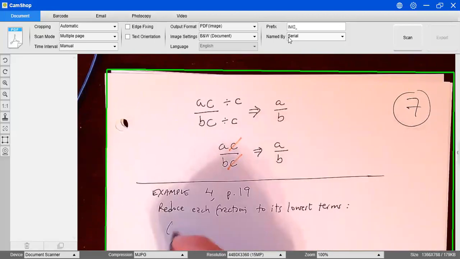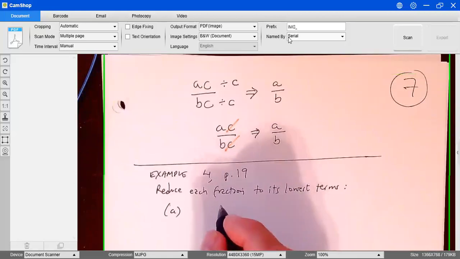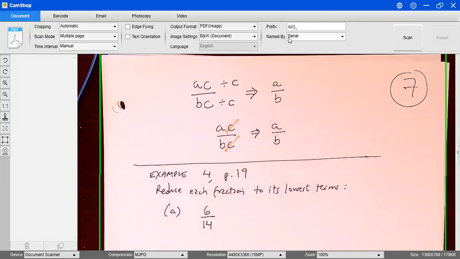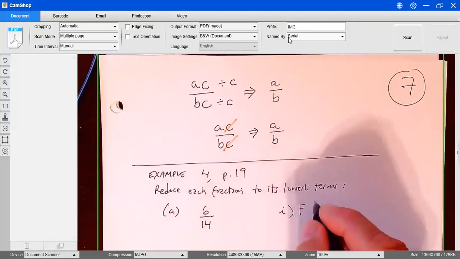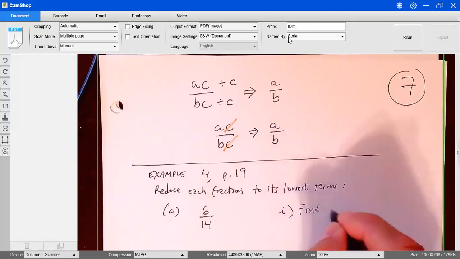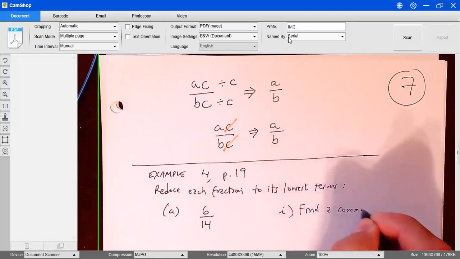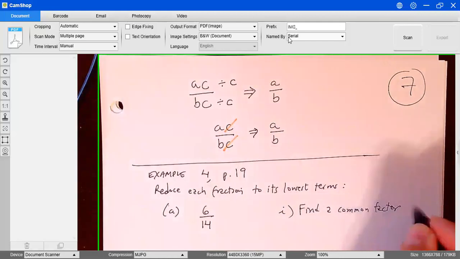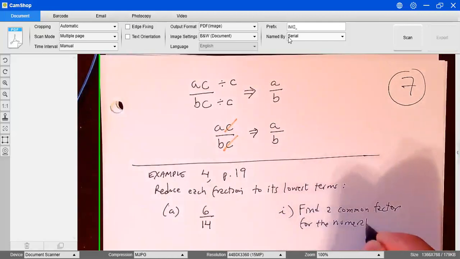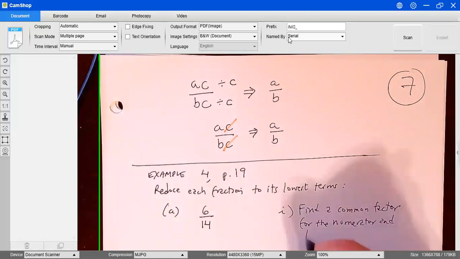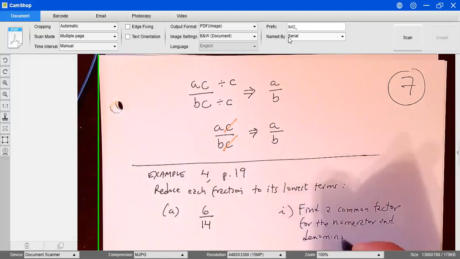The first fraction is 6 over 14. So we need to find a common factor for the numerator and the denominator.